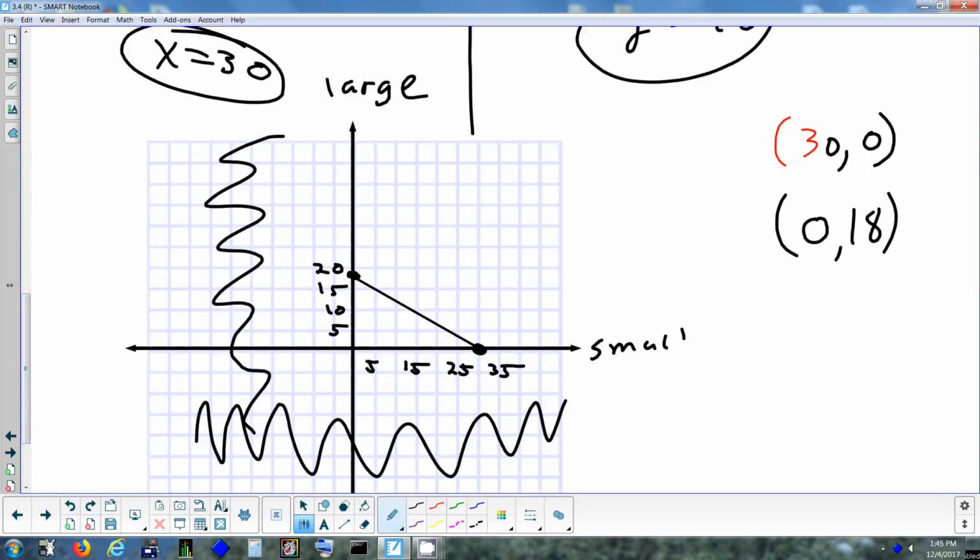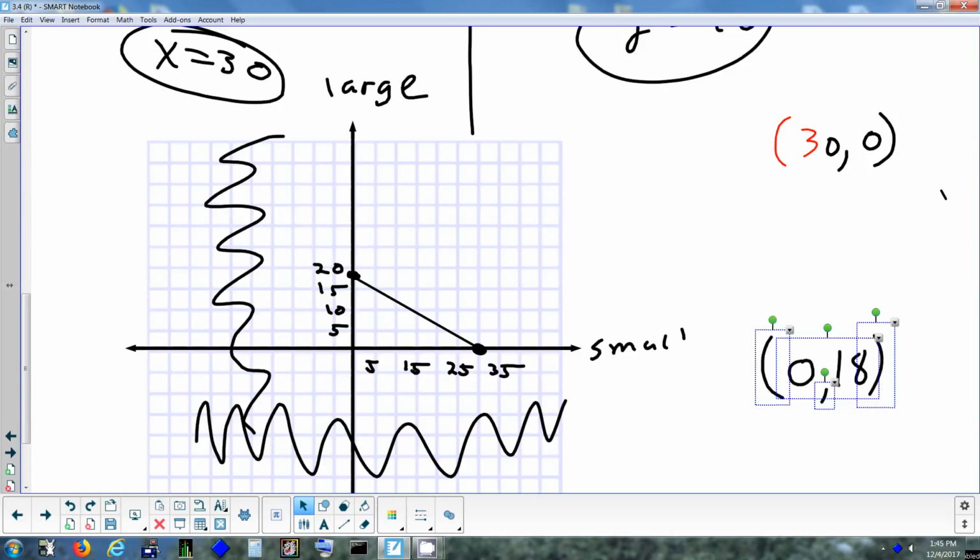30, 0. What would that mean in terms of renting tables to fit 180 people? You could rent how many? 30. So x is small, y is large. 30 small tables, 0 large. You could rent 30 small tables and no large tables, and that would fit everybody.